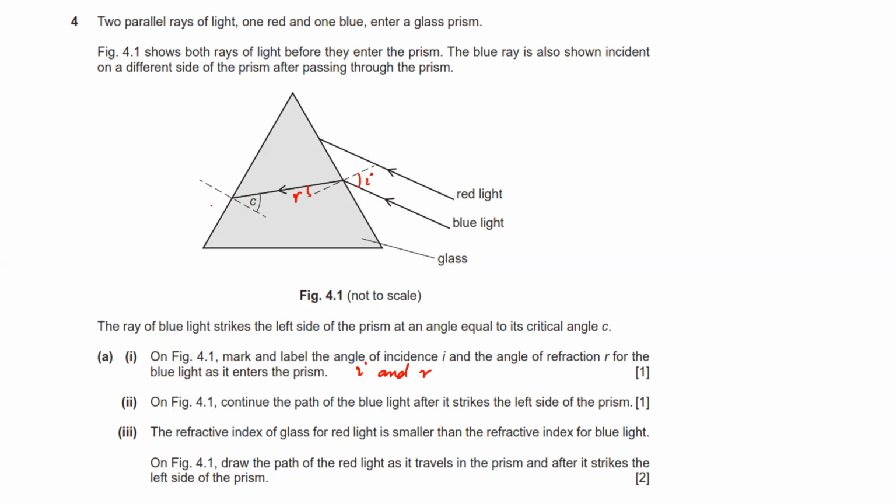So this is the blue light that is going. So remember this one statement: denser to rarer medium, the ray bends away from the normal.